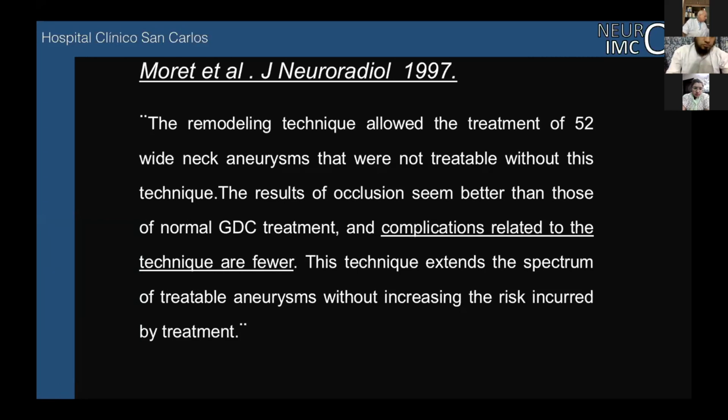To use the balloon technique, you need to inflate the balloon very slowly in the brain. It's not the same as the coronary artery. It's very slow to inflate the balloon every time.